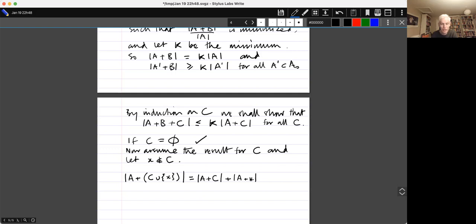That gives us this and this. But there's been some double counting, because every time I had a sum A plus x that was already in A plus C, I counted it twice. So I must subtract something. So I'm going to subtract A dashed plus x, where A dashed is the set of A that led to a double count, so such that A plus x already belonged to A plus C.